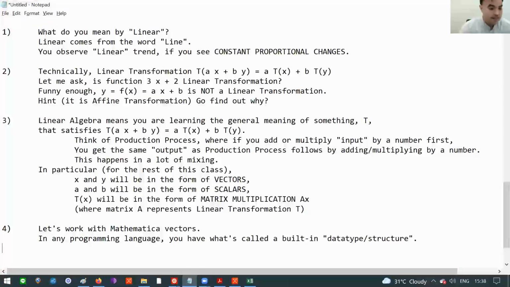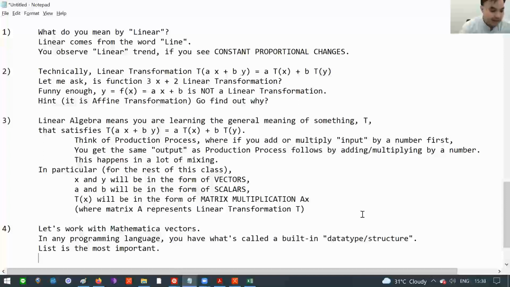Now, Mathematica, like Python, the most important thing is a list type. Yeah. This is the most important.